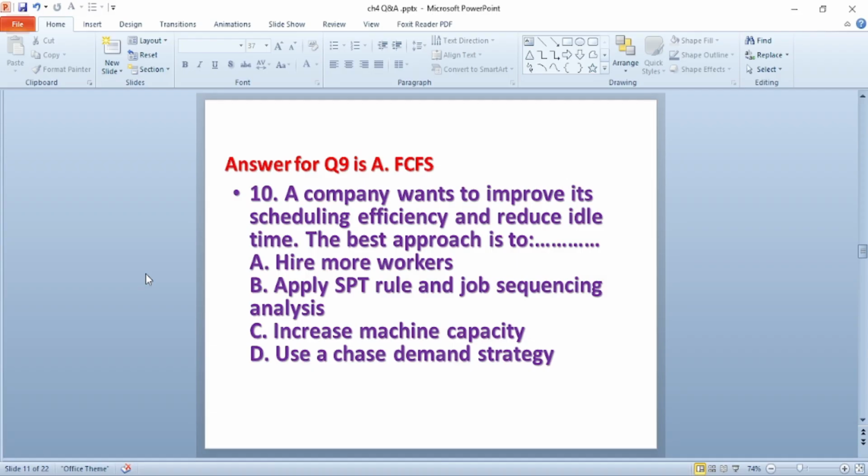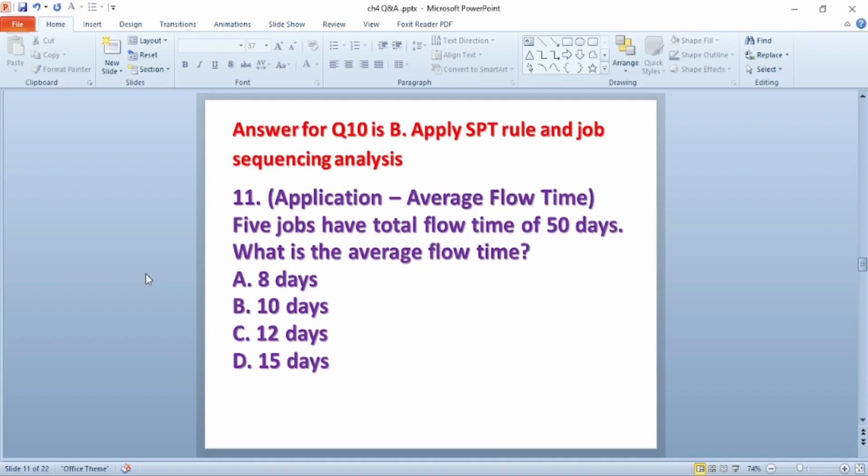C. Increase machine capacity. D. Use a chase demand strategy. The answer for this question is B, apply the SPT or shortest processing time rule and job sequencing analysis.